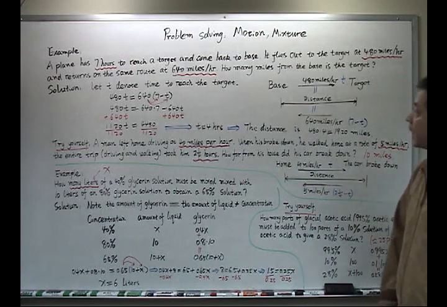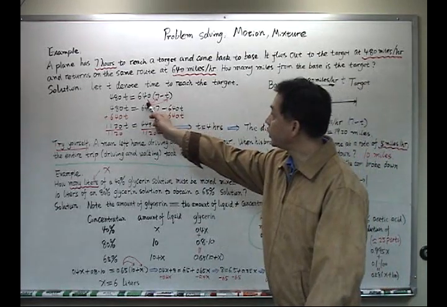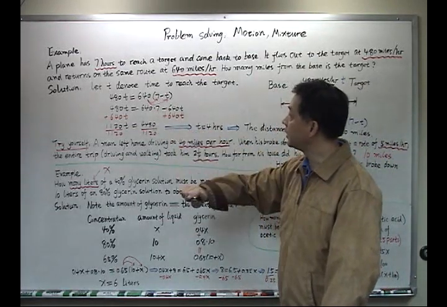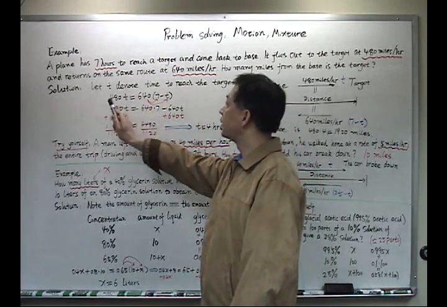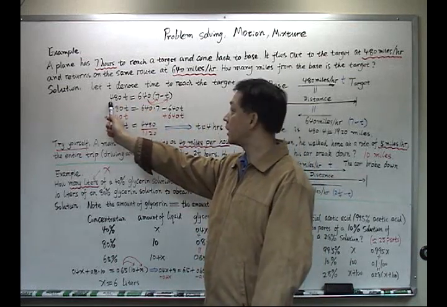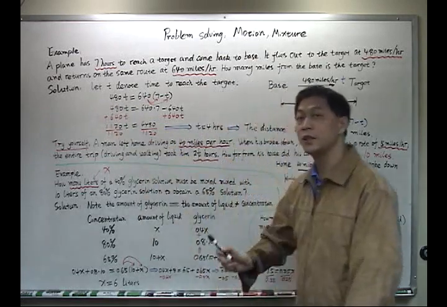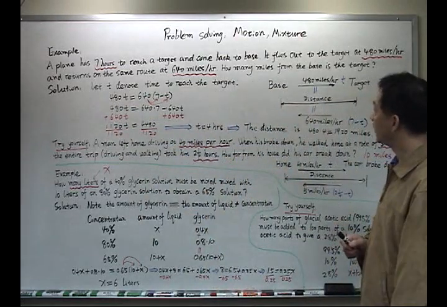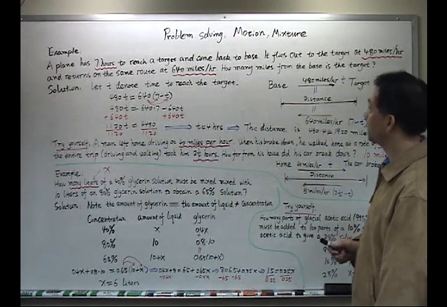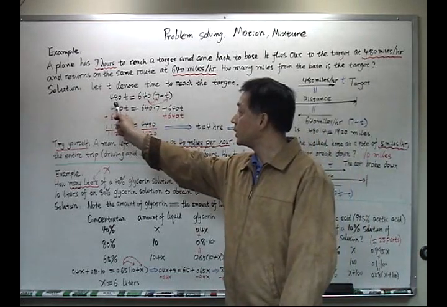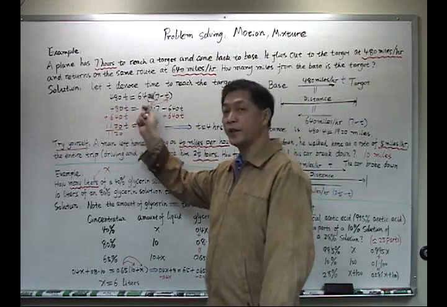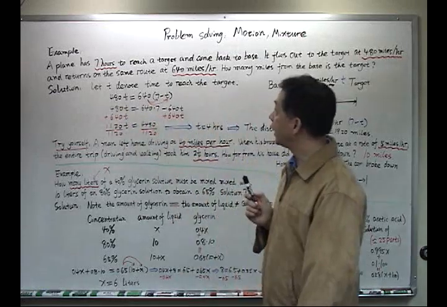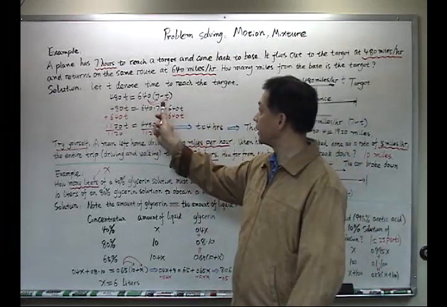So we know that 640 times 7 minus t is the same distance as from the base to the target, which is 480 times t. Since we have this equation, then we can solve for t.